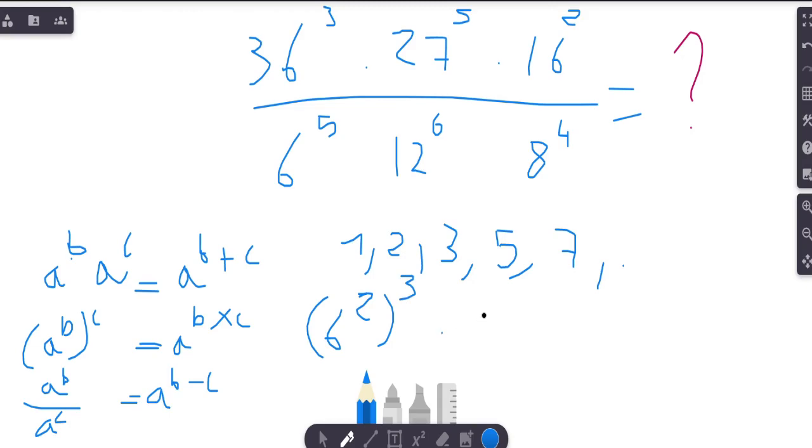Then 27 is 9 times 3, but 9 is 3 square. So it's 3 to the exponent 3, so we have 3 to the exponent 3 to the 5, and then 16 is 2 to the 4.